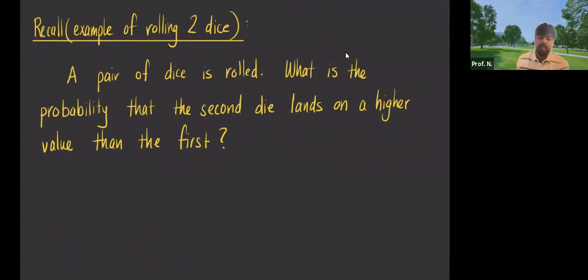So here we have again rolling two dice, and I want to figure out the probability that the second die has a higher value than the first. So does anybody out there, based upon our previous lecture and what we saw with the sample space, how would we approach this?